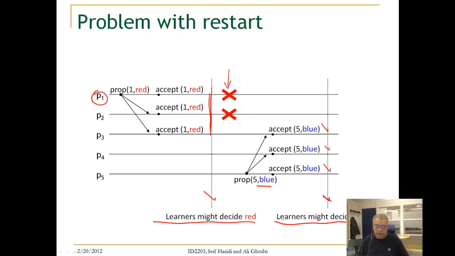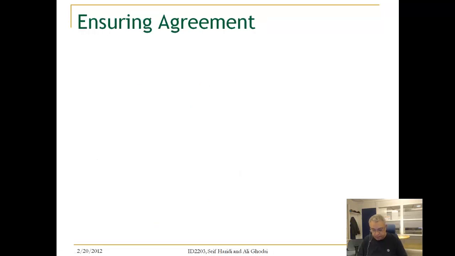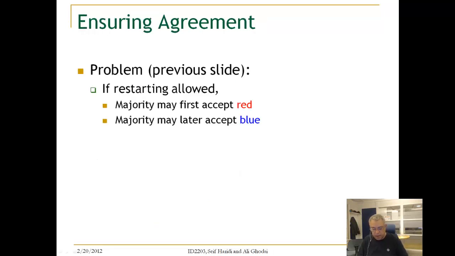So we have to have a mechanism to ensure agreement. Let us look again. What is our problem? Our problem, from the previous slide, is that if restarting is allowed and proposers propose again, a majority may accept first red and later may accept blue.